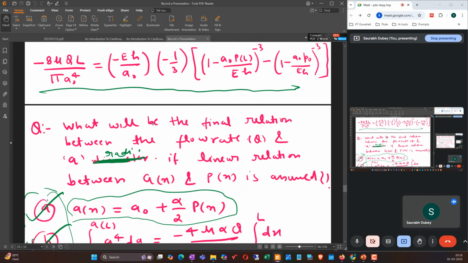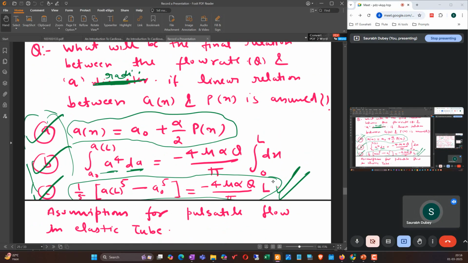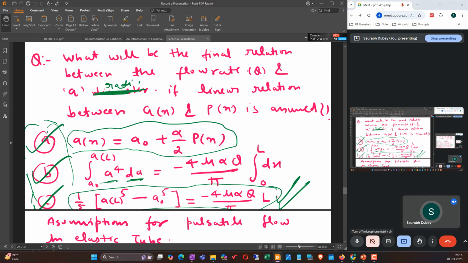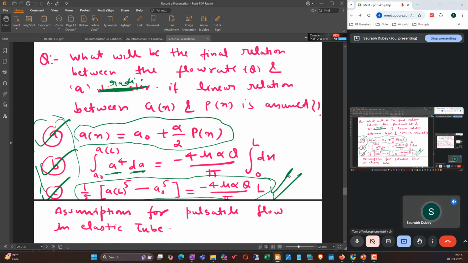And this was this. So this kind of numerical problem can also be there. Some expressions you might actually be having some practice on. So here, what will be the final relation between the flow rate Q and the radii if a linear relation between the A(x) and P(x) is assumed?